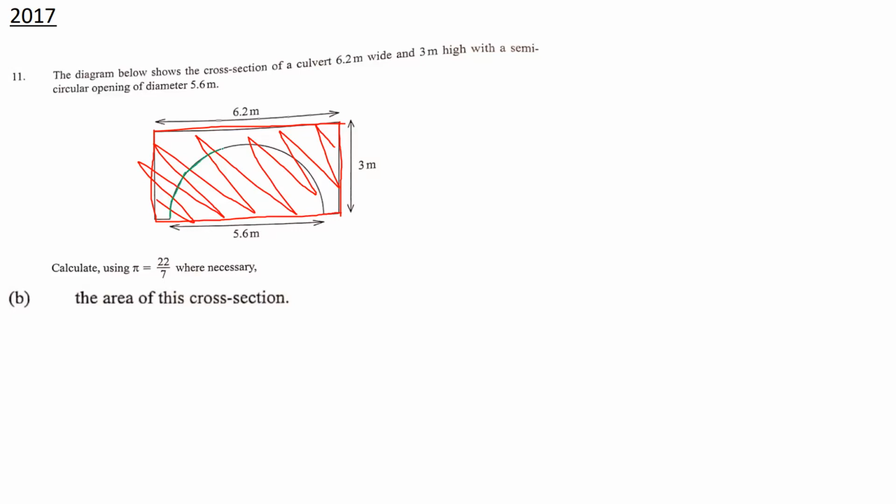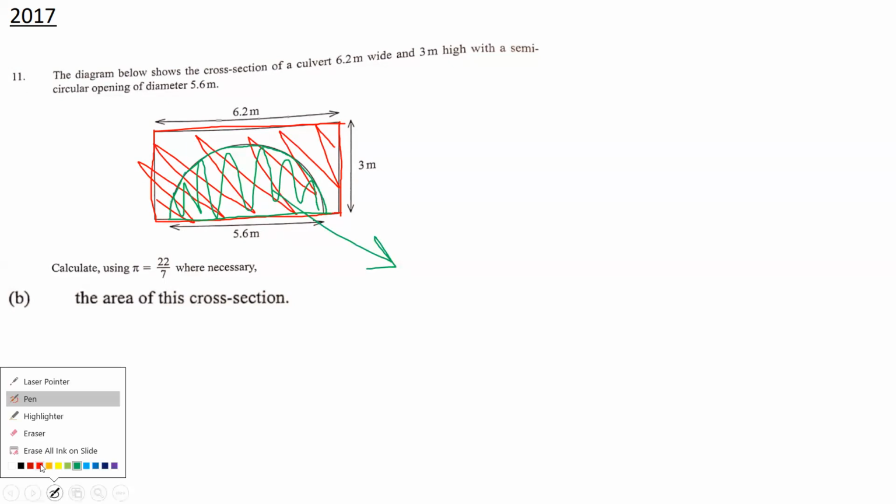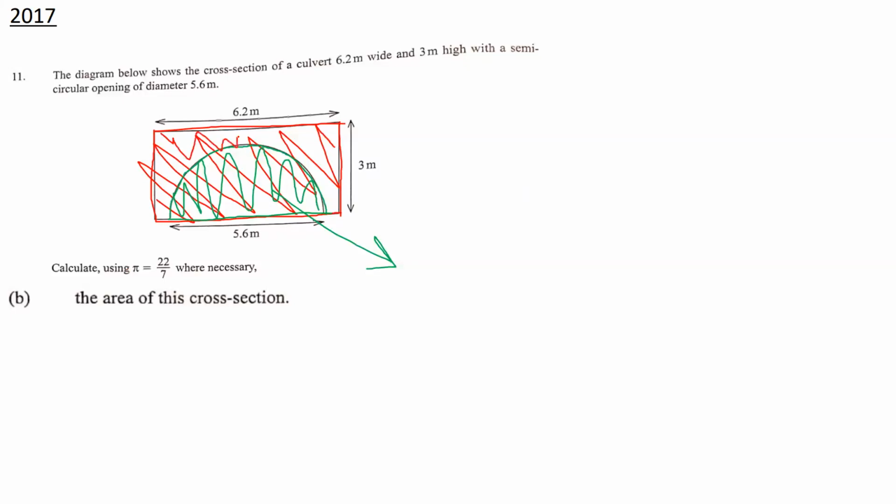Now, once we get the area of the rectangle, if you notice carefully, there is a semicircle we could carve out. Once we find the area of this semicircle, the one in green, and remove it out of the picture, like pull it out or subtract it out, then we'll be left with the area in red, the area that is on the outside.